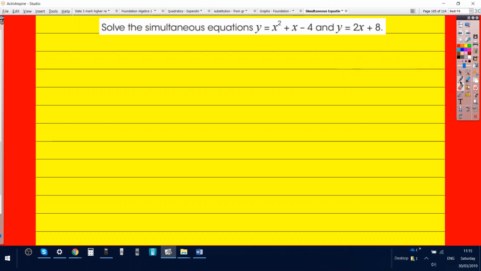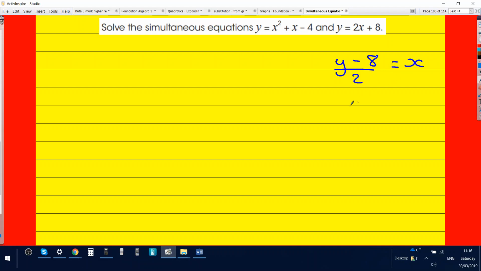Would you make x the subject for the right equation? What would you get? y minus 8 divided by 2. And then you sub that in.